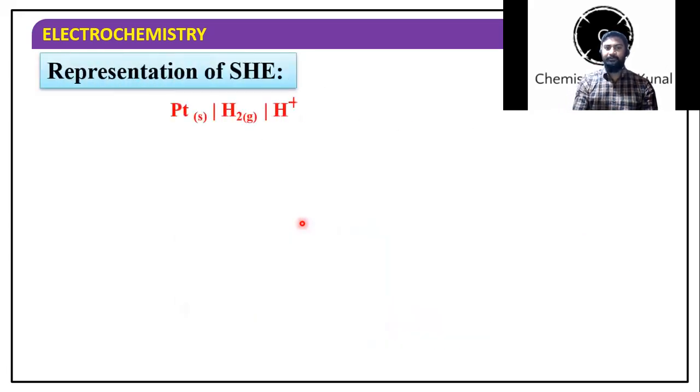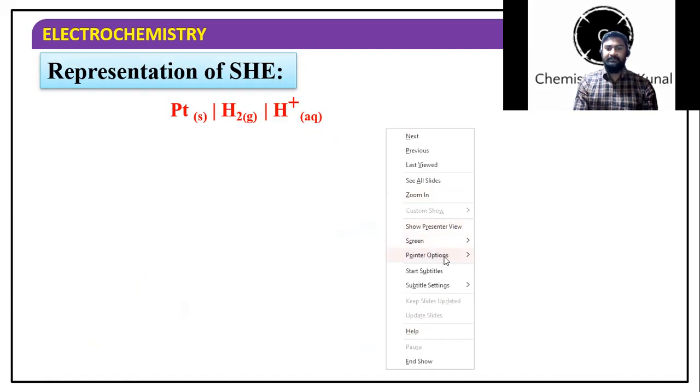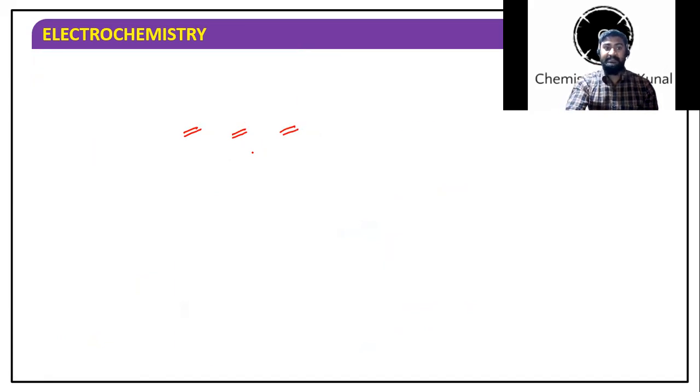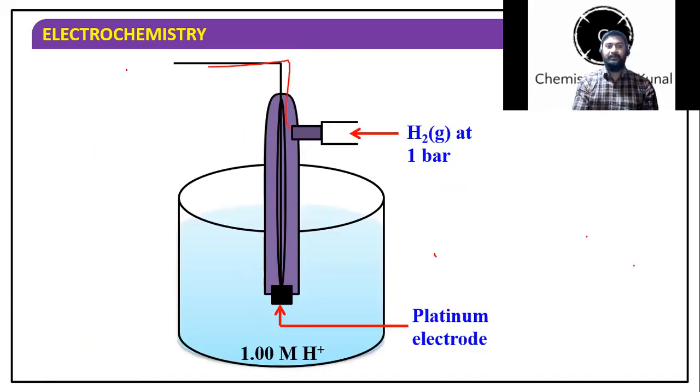So how do we represent it? What all things are seen in this case? As we can see here, there is a platinum rod, hydrogen gas, and H plus ion. All of these are present. Now it's not a cell, please understand. It's an electrode. This is just one part.